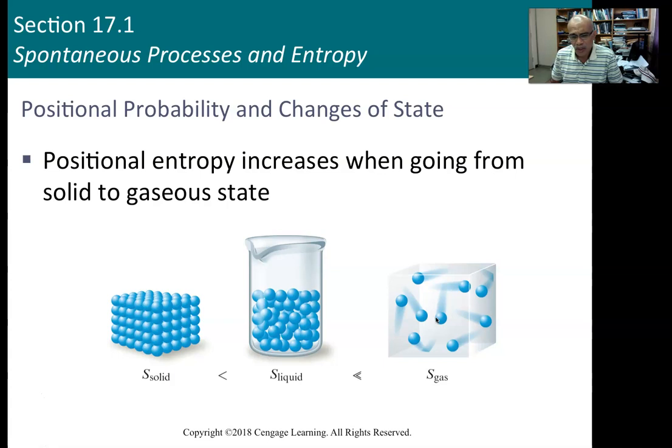So in other words, the positional probability in the gaseous state is a lot greater than in the liquid and also in the solid state. So what we're saying is that the entropy of the solid is lower than that of the liquid, and it's much lower than that of the gas.